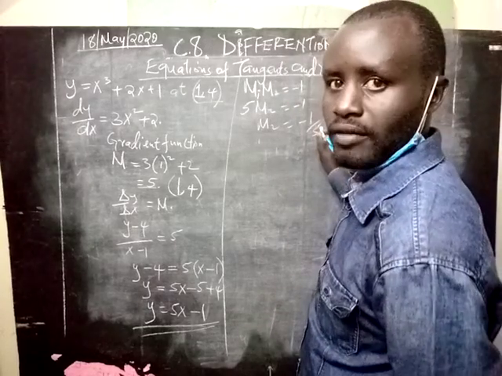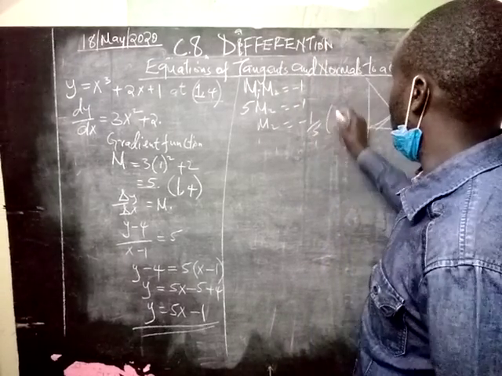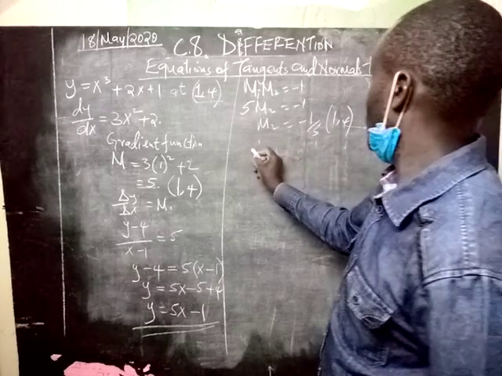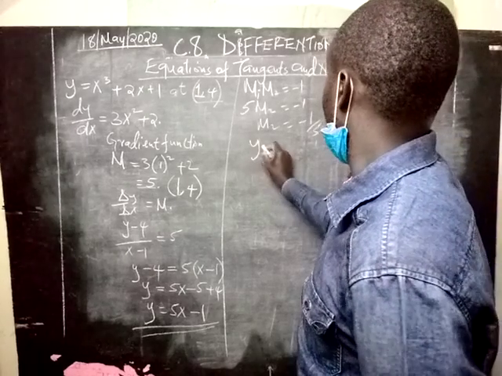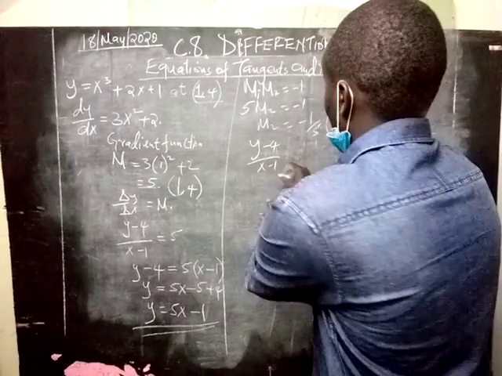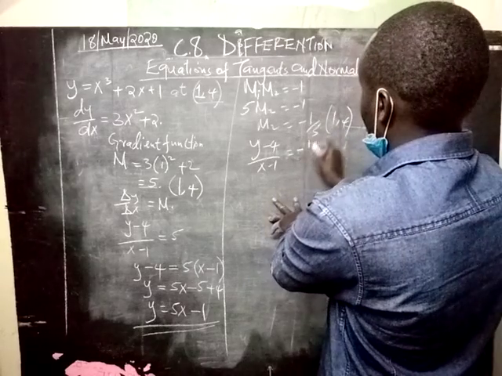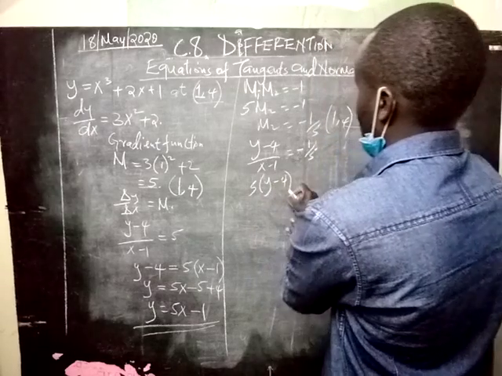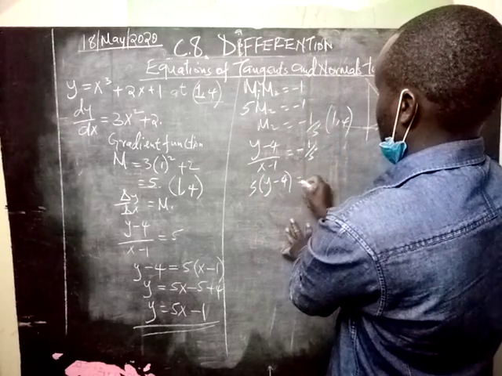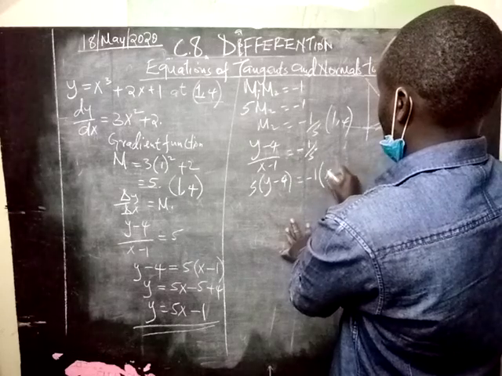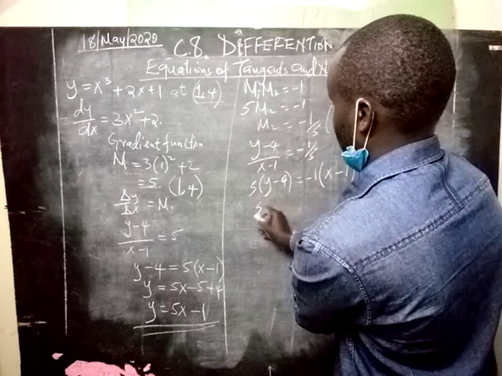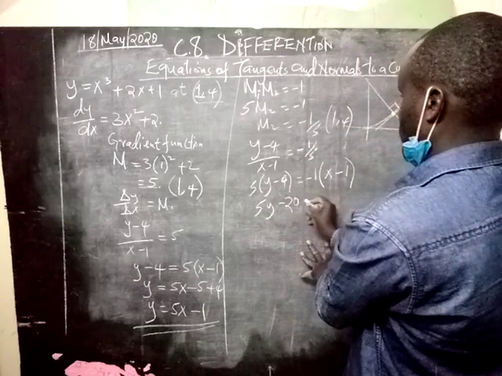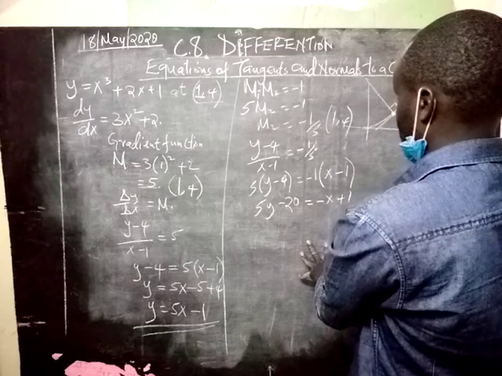We have our gradient, and we have our point as well, because they are meeting at that particular point of tangent. So we say (y minus 4) over (x minus 1) equals -1 over 5. Taking 5 to the other side, we have 5 into (y minus 4) equals -1 into (x minus 1), so 5y minus 20 equals -x plus 1.